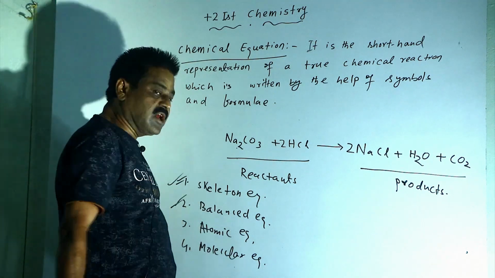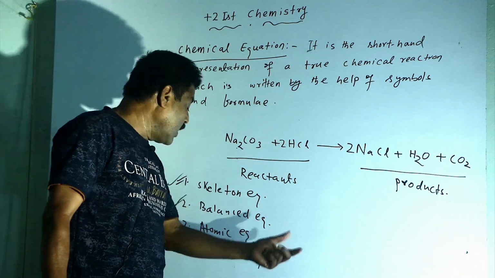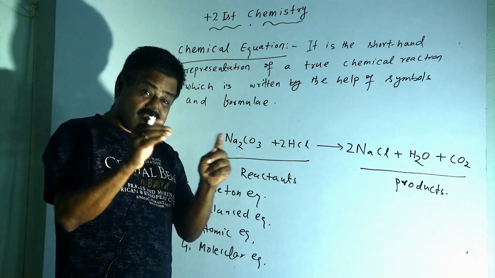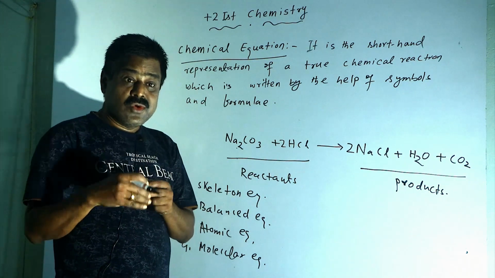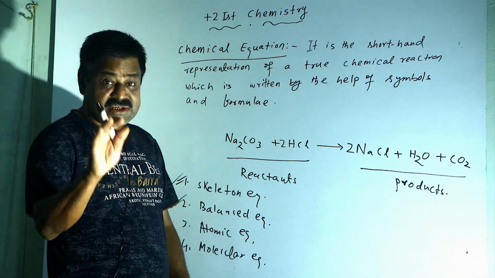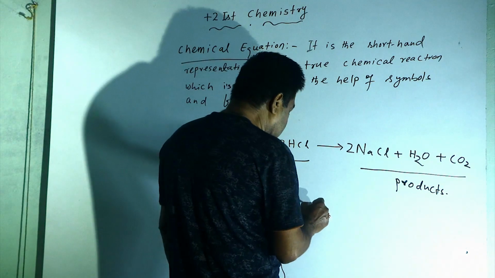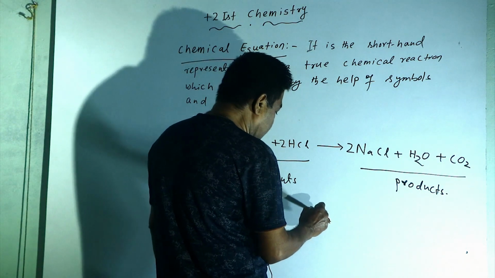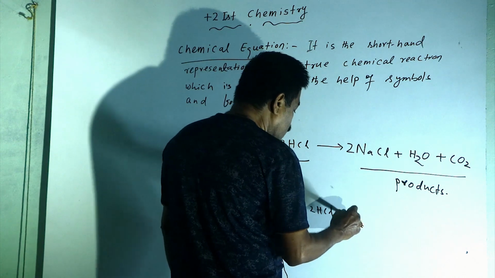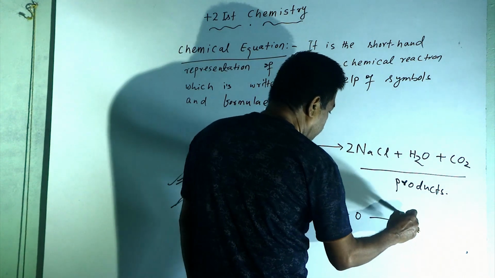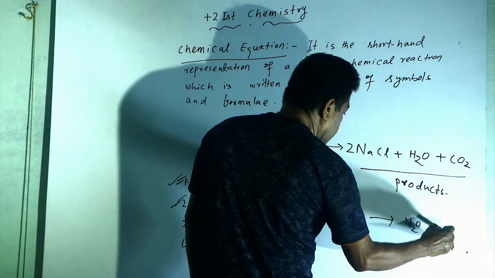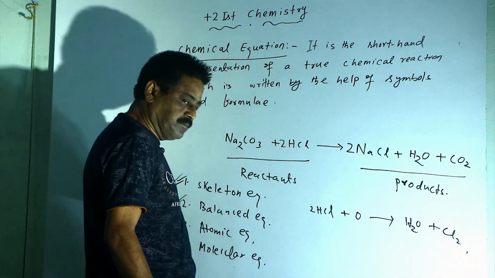Balanced chemical equation. Then what is an atomic equation? In some cases we have to write some equations like this, let's say 2HCl plus O becomes H2O plus Cl2. This is one type of equation.